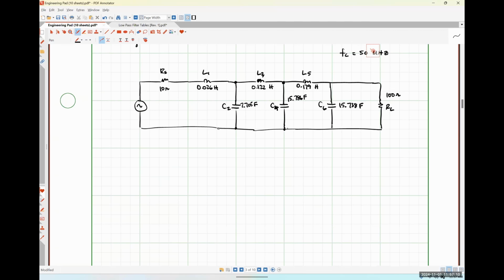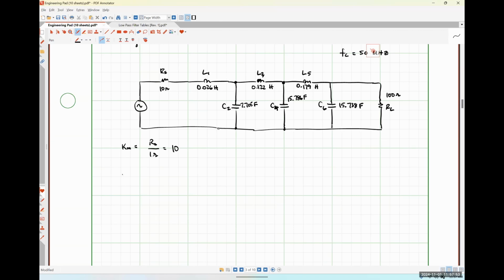I am concerned this is not going to work, but we'll learn together, because I don't remember how the magnitude scaling works when these values aren't the same. So I'm just going to base it on RS for right now, and we'll find out whether or not I'm wrong in a couple of minutes. This should be RS over 1 ohm, because our original table would have been done for a 1 ohm resistance. So I think our magnitude scaling factor Km should be 10. Like I said, we'll sort that out in a moment.